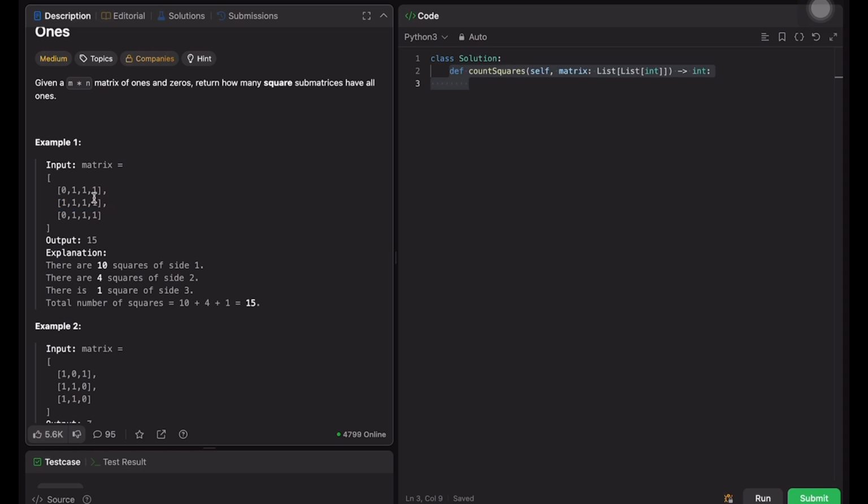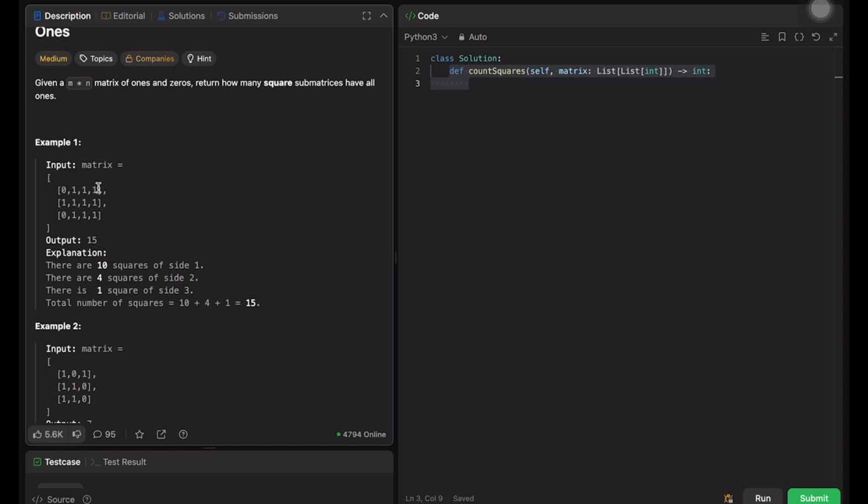If it is 3 cross 3, which consists of full ones, that contributes to 1 3 cross 3, as well as 9 ones, and 4 2 cross 2.